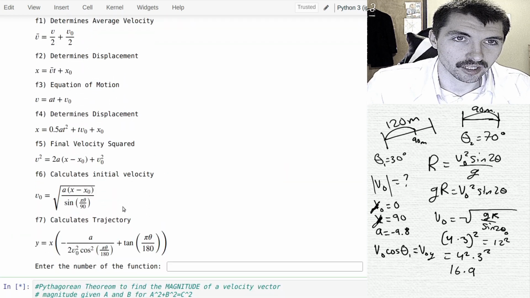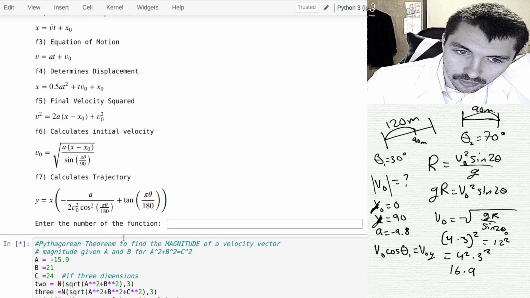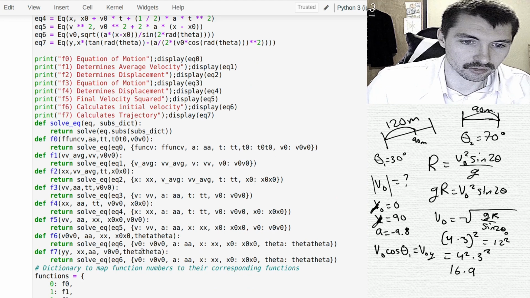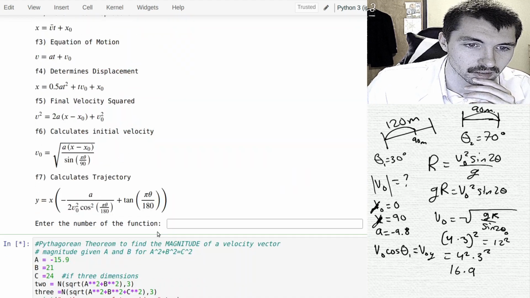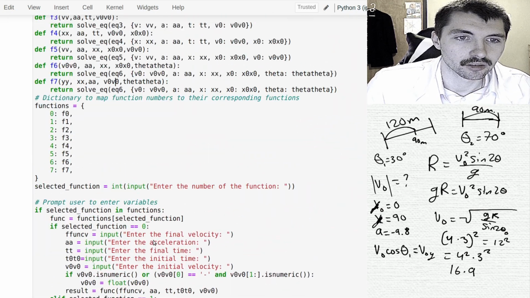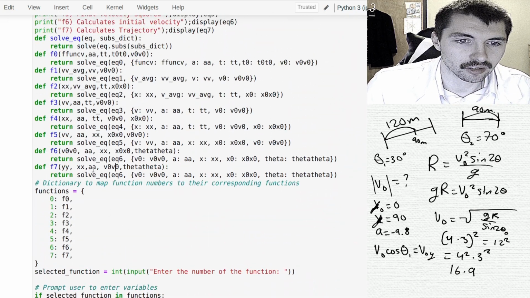So I'm doing left to right, top to bottom. So y, a, v naught, theta, y, x, v naught, theta. Okay, and that's it. y, x, a, v naught, theta.